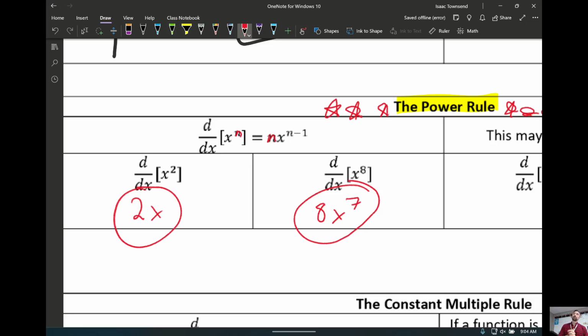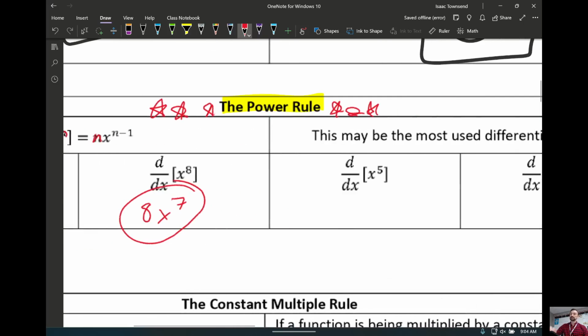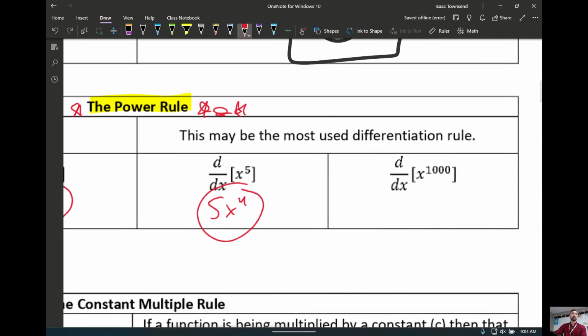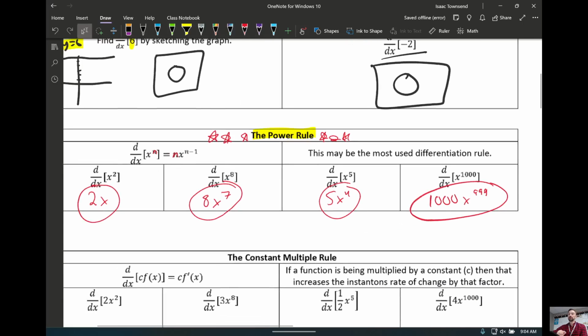The derivative of x to the 8th is 8x to the 7th. x to the 5th, bring the power down, lower the power by 1. That is called the power rule. And even if it's something ridiculous like x to the 1,000th, you would just bring the 1,000 down and then lower the power by 1. Power rule, very, very easy to use, assuming it's set up correctly.